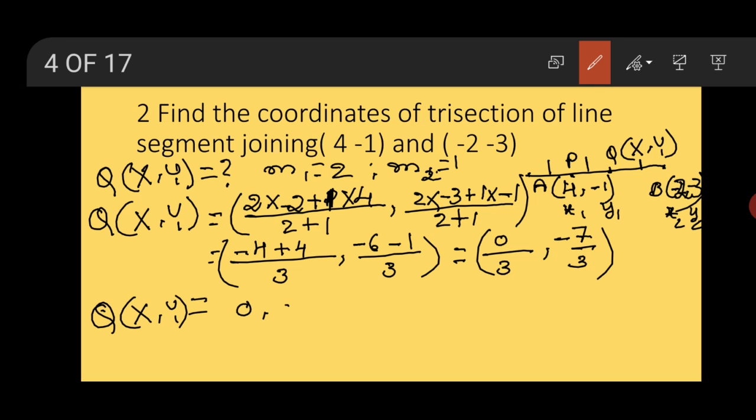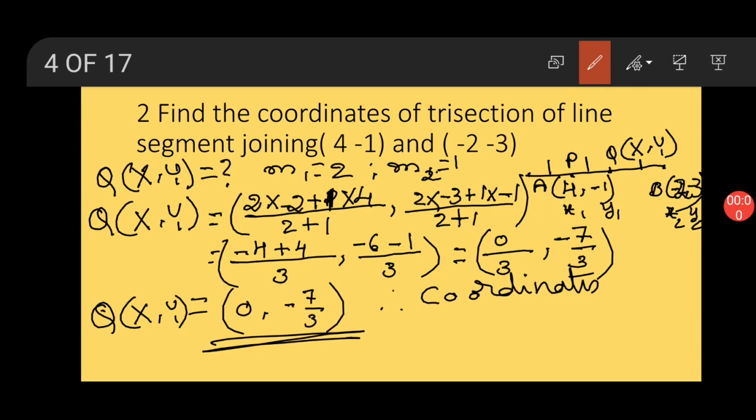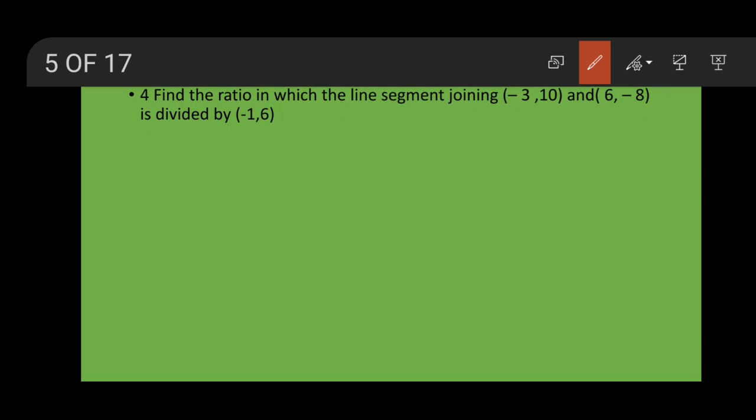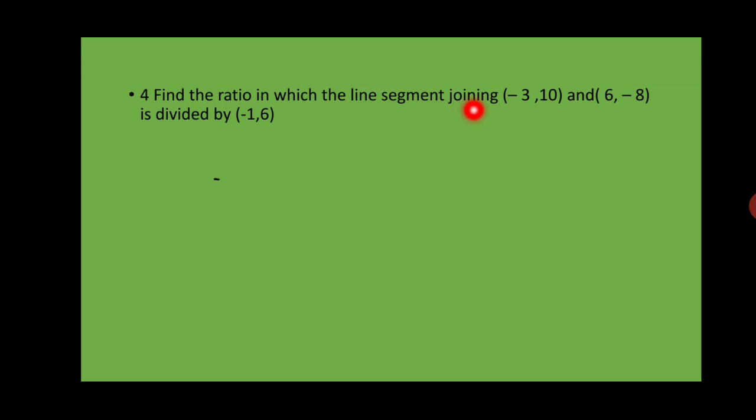You will get 0 by 3 and minus 7 by 3. Therefore, finally coordinates of point Q is what? (0, -7/3). Right? Therefore, coordinates of point Q is (0, -7/3).